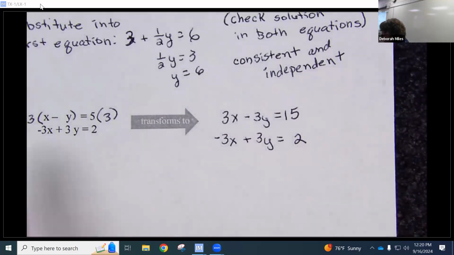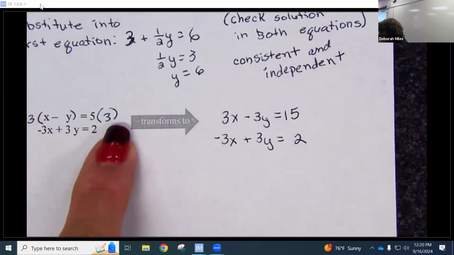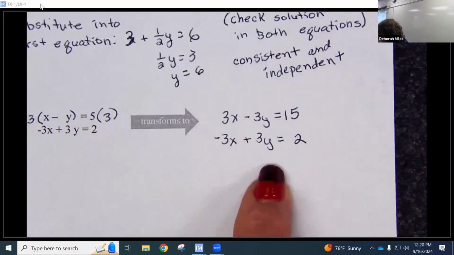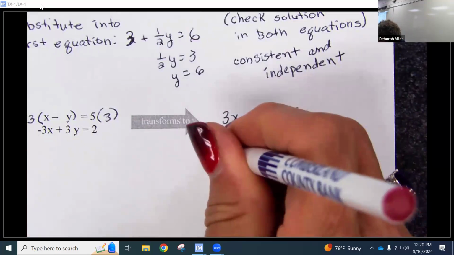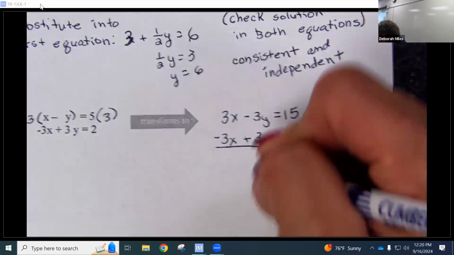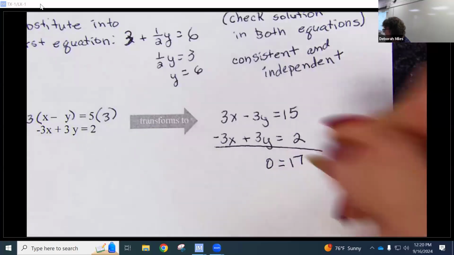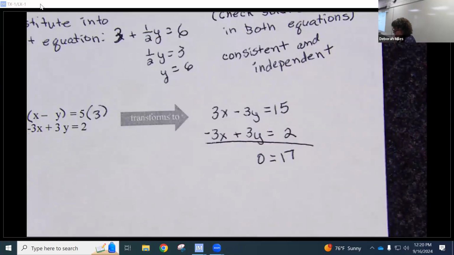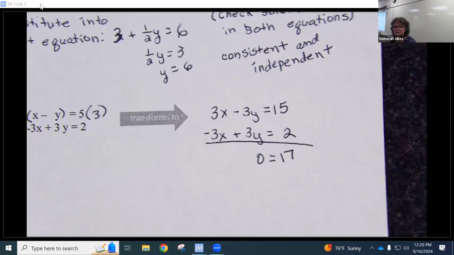All right, so multiplying the top equation by 3 caused me to get a new system. And holy cow, Chloe, when I add those two equations together, what did you get? You got 0 equals 17. Actually, I have 0 plus 0 equals 17, but that's still just 0 equals 17.